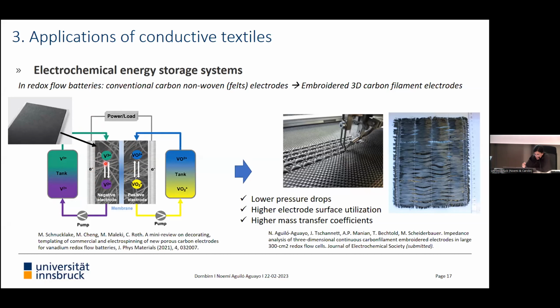So the idea here is that conventional electrodes use non-woven structures, that is, randomly distributed carbon fibers. And our approach was to use this embroidery technique to orient the fibers in certain directions to improve the circulation of the electrolyte during the redox reaction, during this electron transfer from the electrode to the solutions and from the solutions to the electrode.